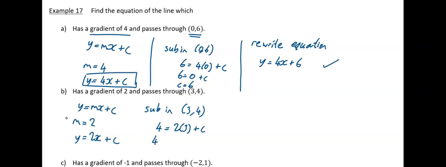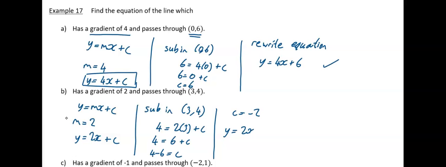And then just take care. 4 then is equal to 2 times 3 is 6 plus c, and then that 6 goes across. 4 minus 6 is equal to c, which means your c is equal to minus 2. So we'll rewrite the equation, y is equal to 2x minus 2. And that is your final answer. That's your equation of your line, which has a gradient of 2 and passes through 3, 4.